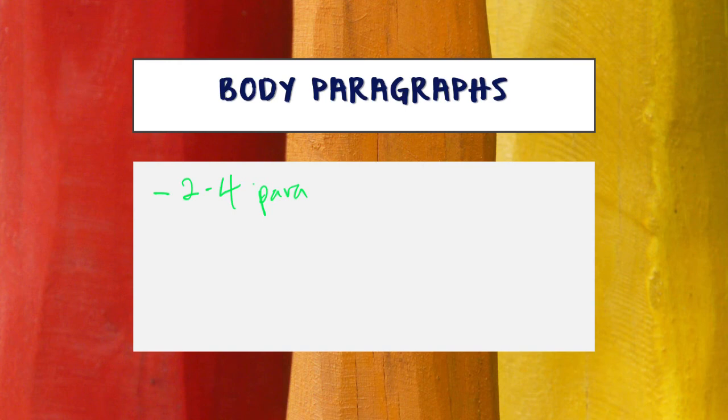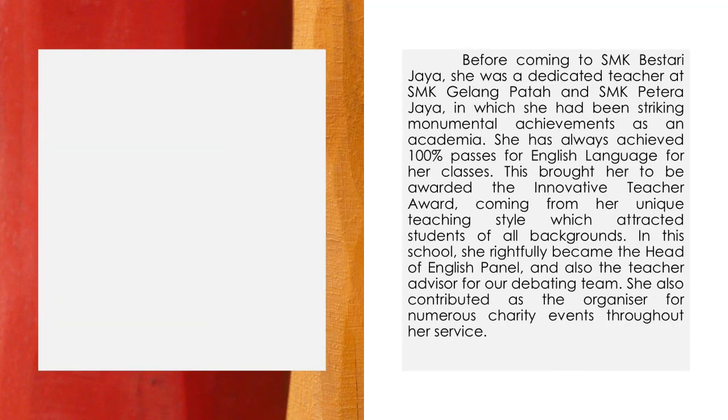You can make that into one paragraph, or you can combine the ideas given to you and write. The minimum number of body paragraphs would be 2, and 4 I think is the most, because 5 paragraphs would be just too much. So 2 to 4 paragraphs of the body paragraph.